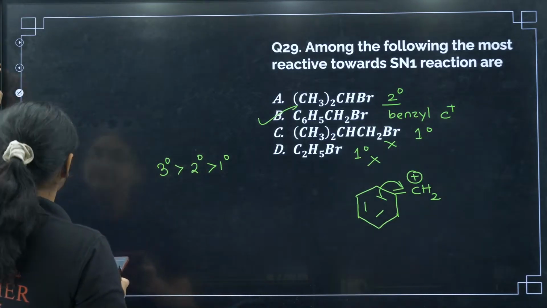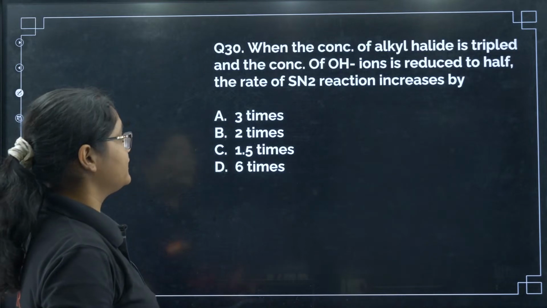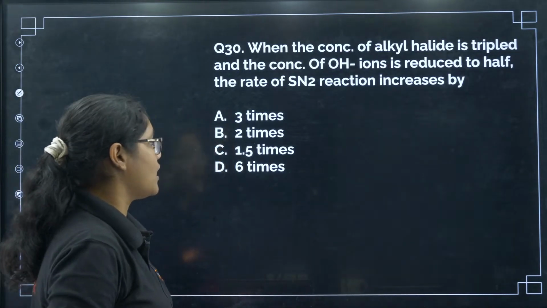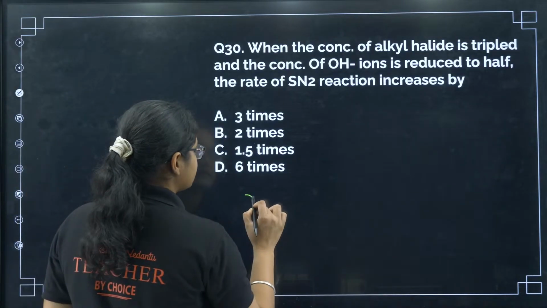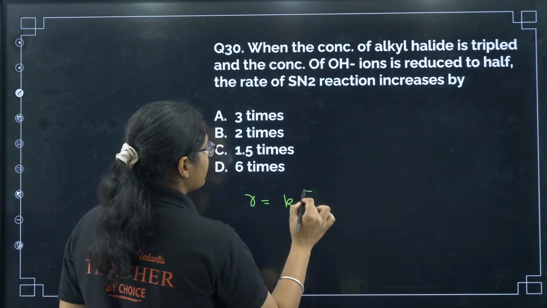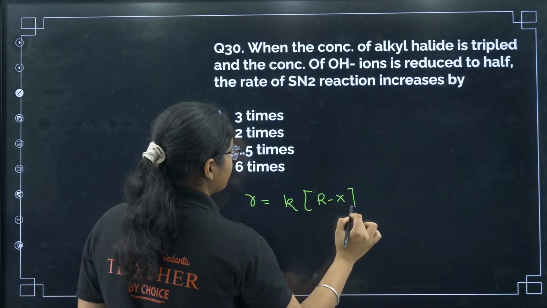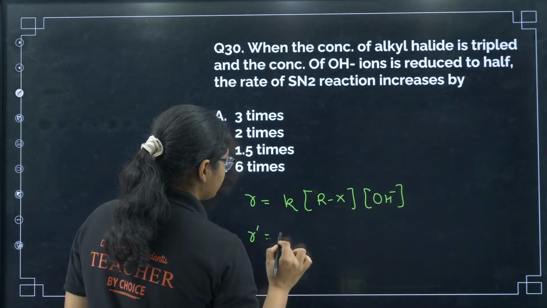Okay. Yes, next question number 30. When the concentration of alkyl halide is tripled and the concentration of OH minus is reduced to half, the rate of SN2 reaction increases by. So for an SN2 reaction, what is the rate order? You have alkyl halide and then you have OH minus. Now what have we done here?